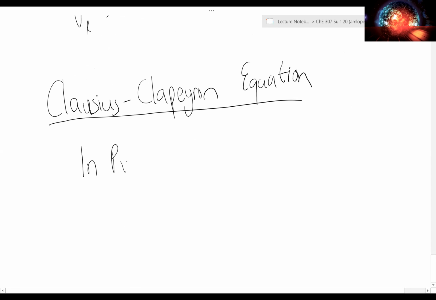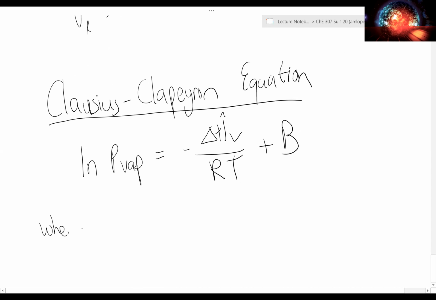We have ln of p vap equals the negative delta H V over RT plus B, where B is an empirical constant, and it's unique to each species.